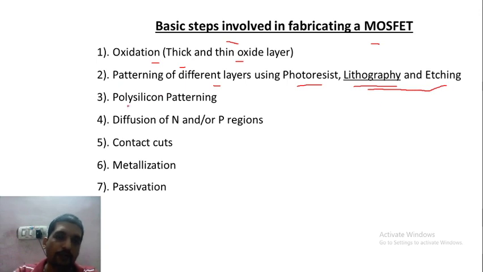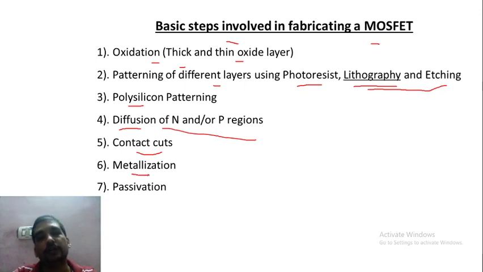Then patterning of different layers like polysilicon patterning. Then we dope the N and P regions with the help of either diffusion or ion implantation as per our requirement. Then contact cuts are made and metal is deposited, and then the metallization, that means the contact connections, are done. Then finally the passivation, packaging and testing of the chip, which we have already discussed.